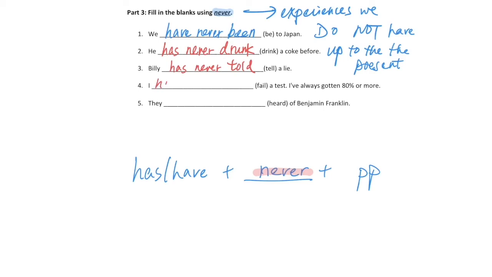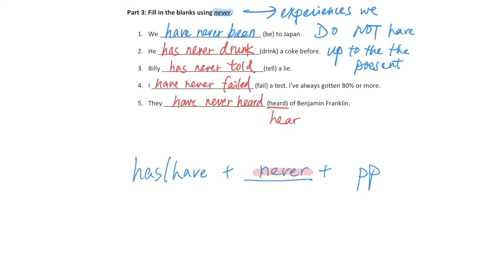I have never failed a test. I've always gotten 80% or more. And finally, question 5. They have never heard of Benjamin Franklin. So there's a slight mistake here, so this should be here.